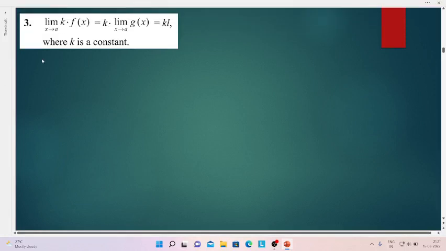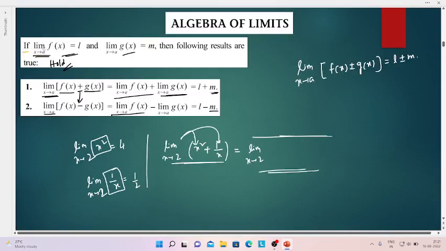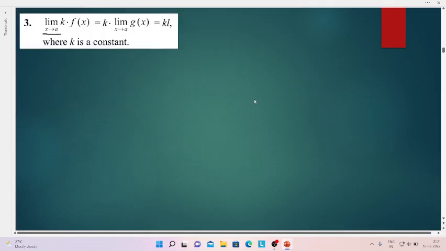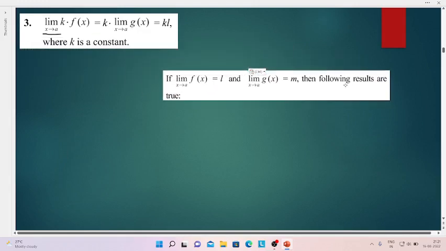The third rule of the algebra of limits says the following. The first case is the same: the limit as x tends to a of f(x) equals L and the limit as x tends to a of g(x) equals M. Then the following results are true.